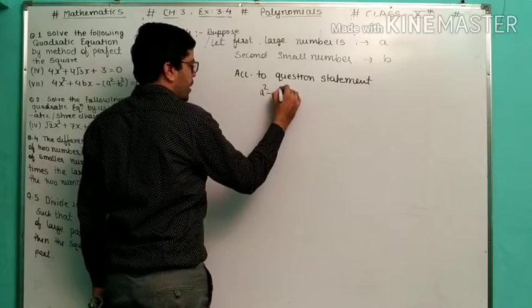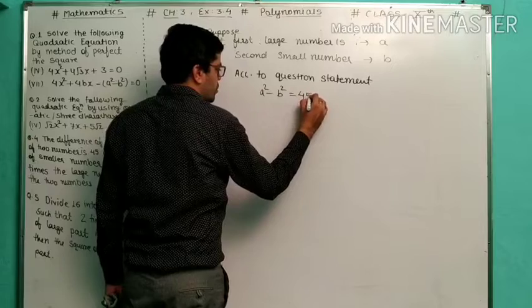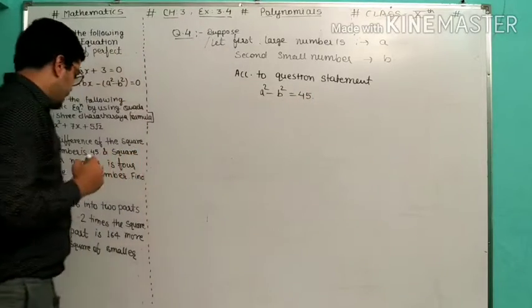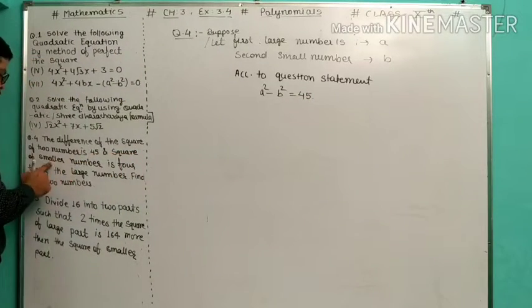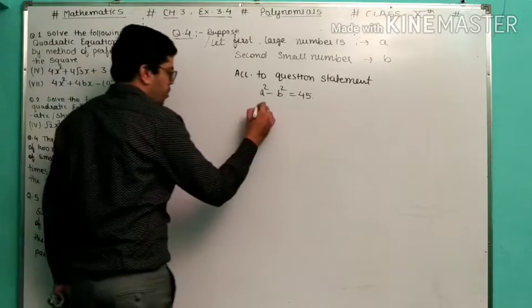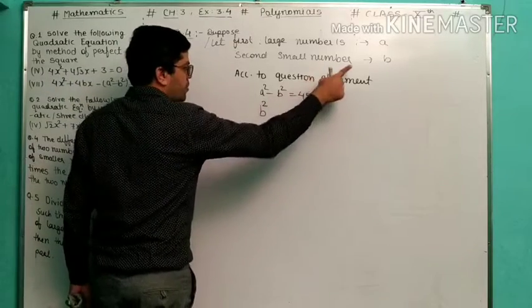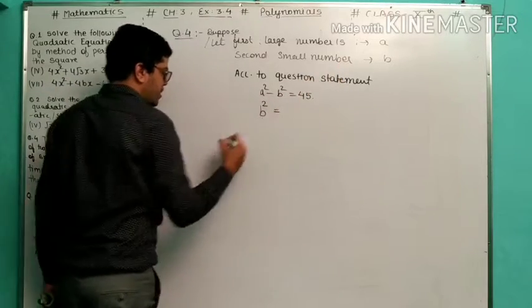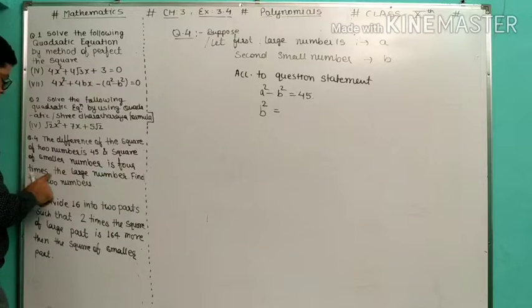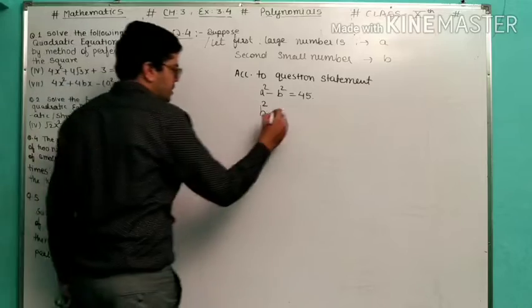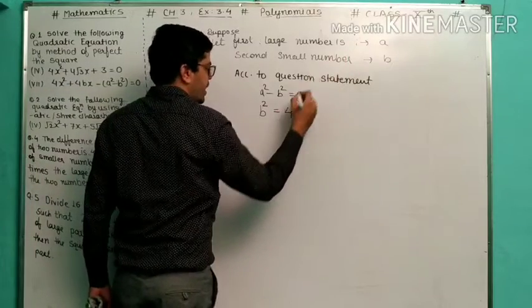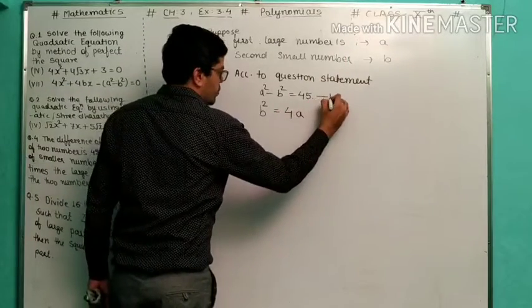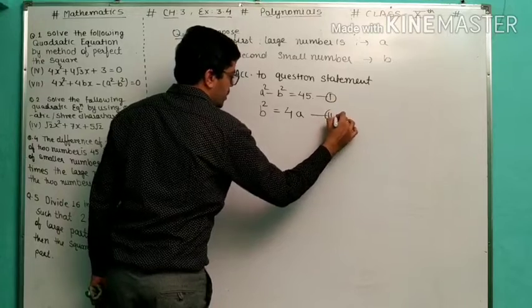So A square minus B square equals 45. And the second statement: the square of the smaller number, which is B, is 4 times the larger number. So 4 times the larger number A. So this is equation number first and this is equation number second.